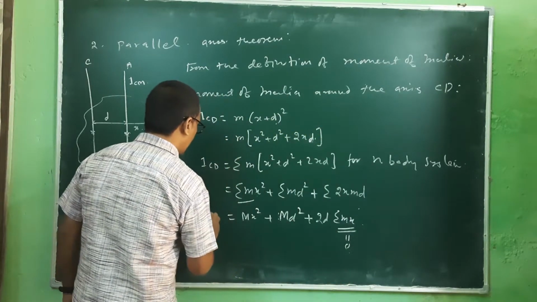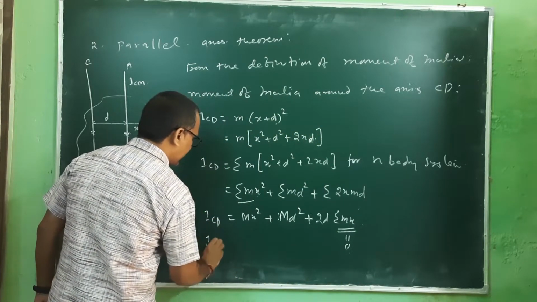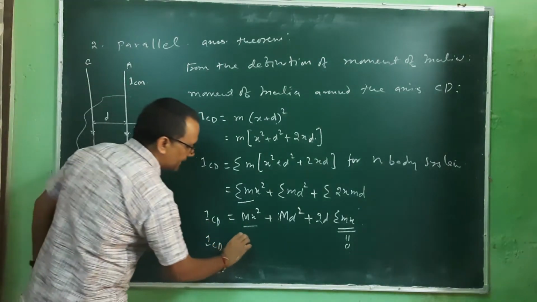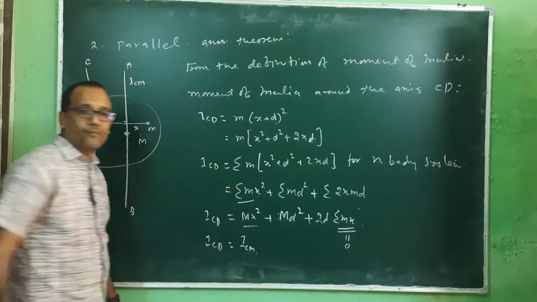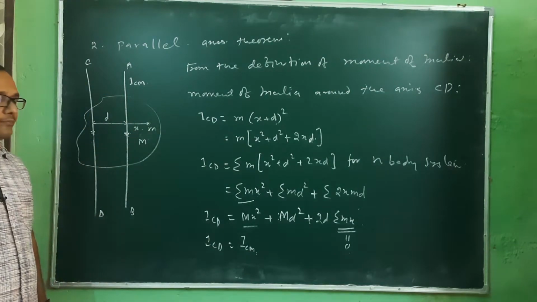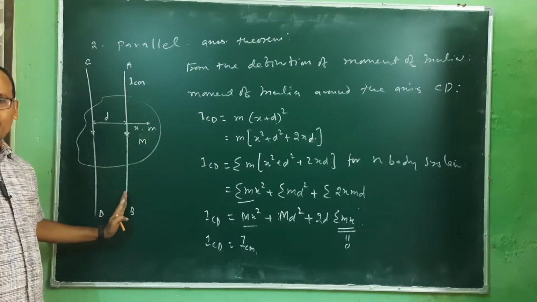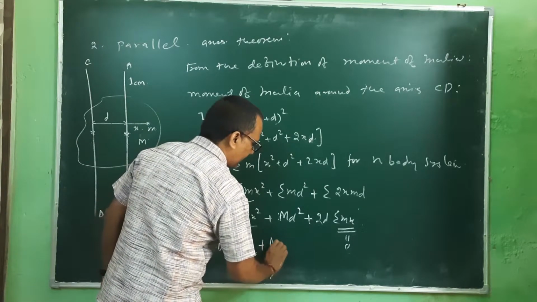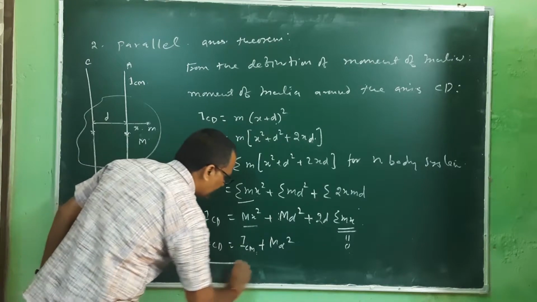So this is equal to now ICD, it is equal to this mx, this is ICM, center of mass. So this is equal to ICM plus md square.